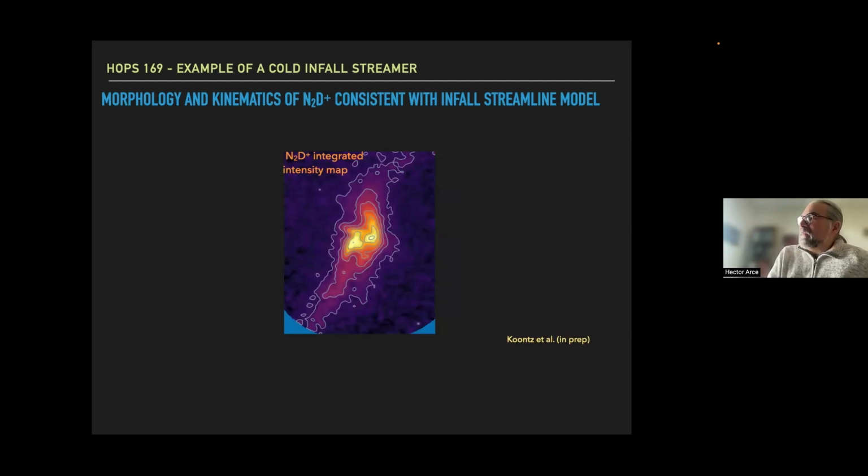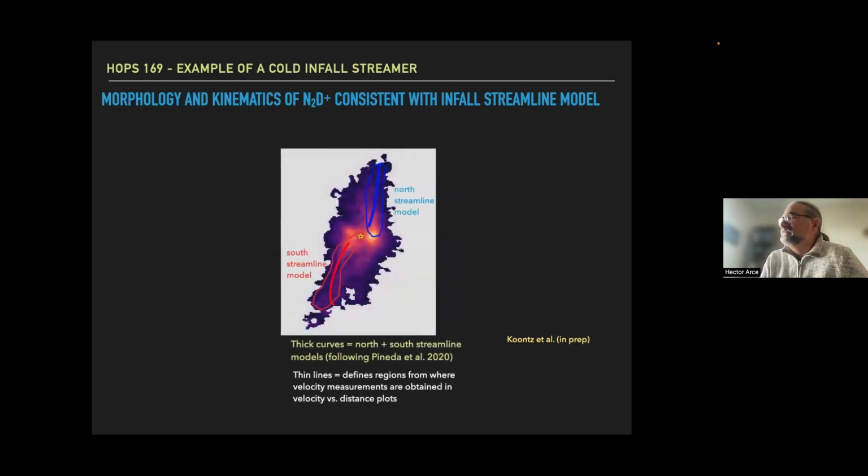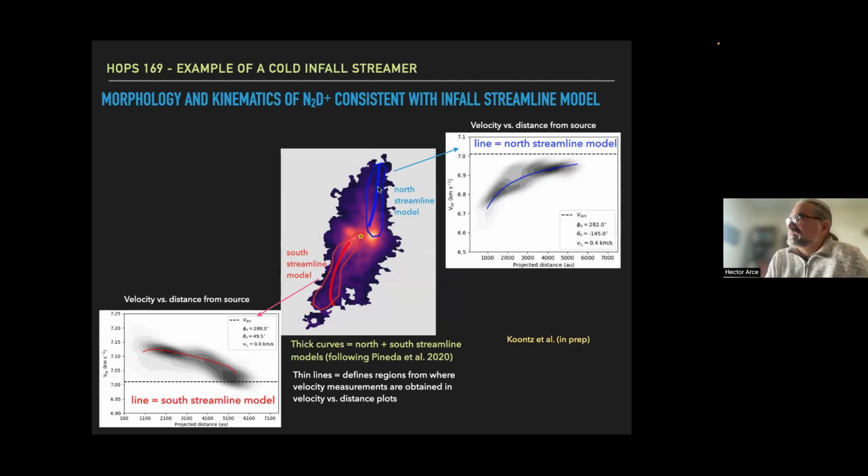Then we modeled the velocity structure as coming from infall streamers, as you would expect from just gravitational infall. We modeled both the structure of the streamer, how it would look on the plane of the sky, and the velocity, and those are the lines.